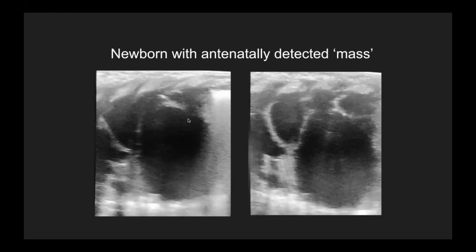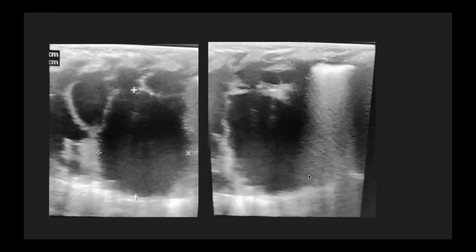What we see is a multiseptated cystic lesion. The probe was kept on the left hemithorax, and there are multiple cystic lesions with septae within. At the edge of the lesion, we can see some confluent B lines, which indicates that this is in the lung.